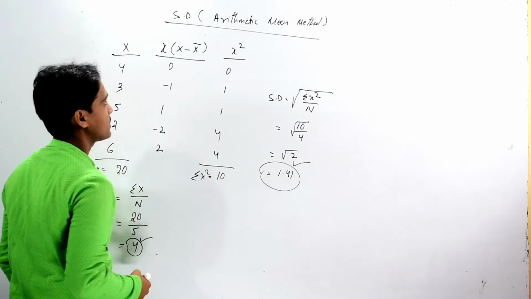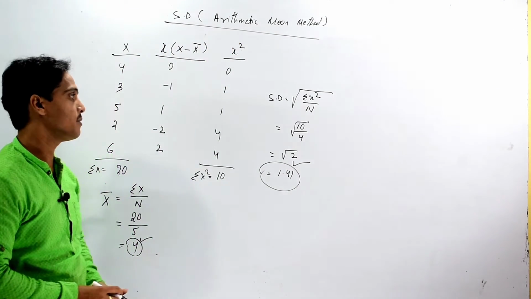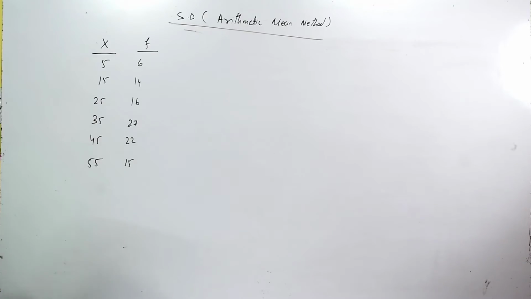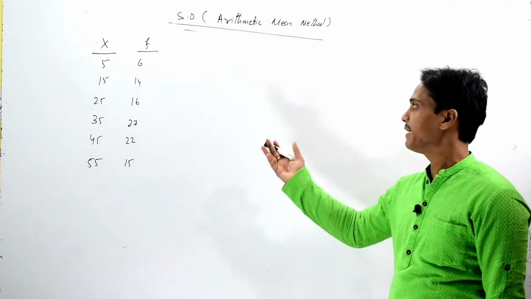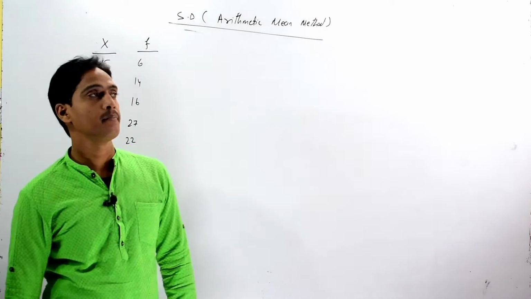So the value of our standard deviation of the given series by using the arithmetic mean is 1.41.